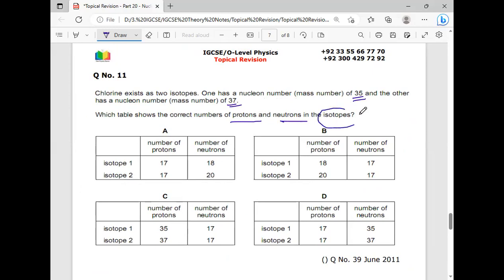Now, since they are isotopes, in isotopes the number of protons should be the same.